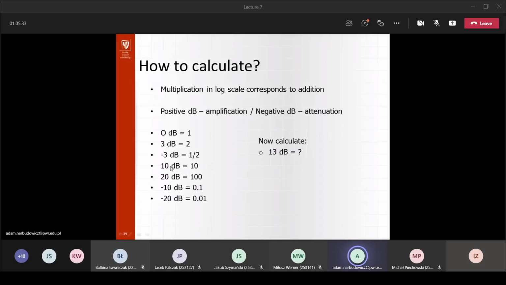Basically, 10 corresponds to factor 10. So 10 plus 3 in the decibels corresponds to the factor 2. So we have a factor 10 and factor 2. And we know addition corresponds to multiplication. So in the case of 13 decibels, it would be actually a factor 20, right? Is that more or less clear for everybody?